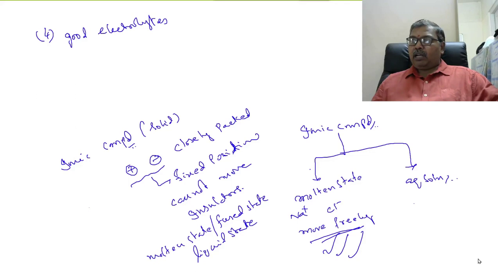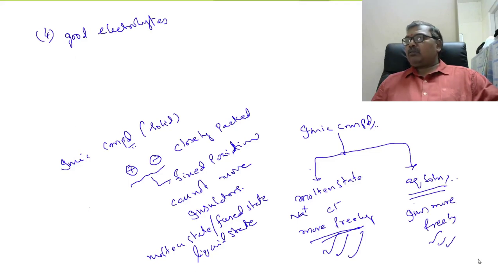A solution in which water acts as the solvent. So ionic compounds are readily soluble in water, right? Those solutions are called aqueous solutions. In aqueous solutions also, ions move freely. So therefore these are good conductors of electricity in aqueous solution.